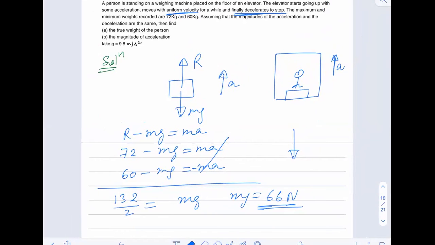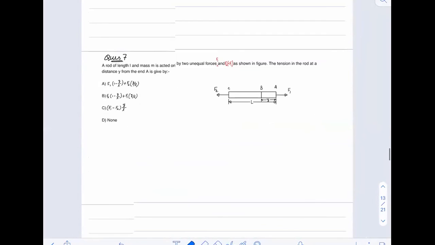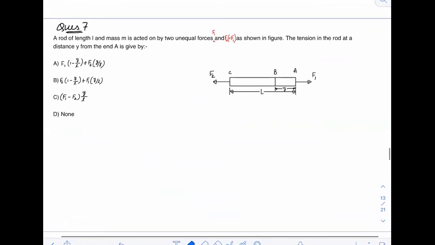Understood this question? Now one question is this, just see this question. This is the last question. Just check this question.